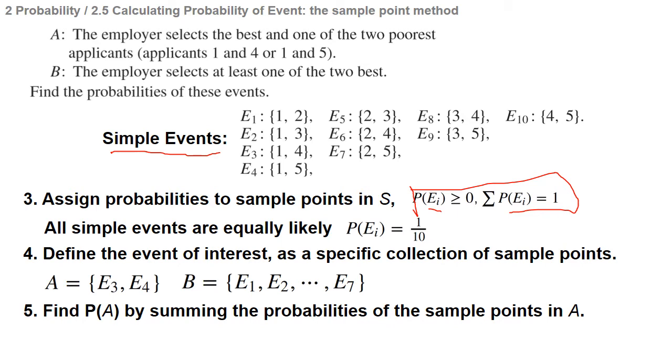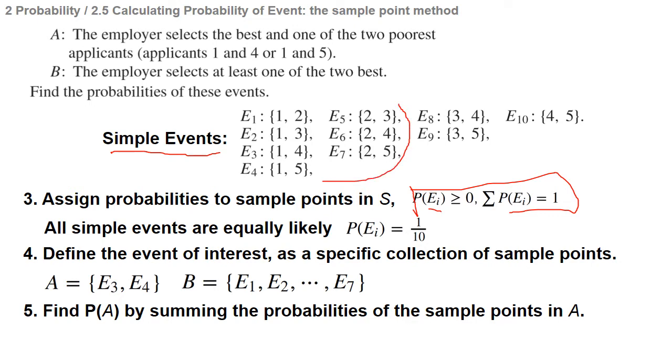For event A, it is the first applicant and fourth applicant, that's E3, and first applicant and fifth applicant, that's E4, and that's our event A. And for event B, it's including at least one of the two best applicants. So it should contain 1 or 2, at least one member of the selected applicants would be 1 or 2.